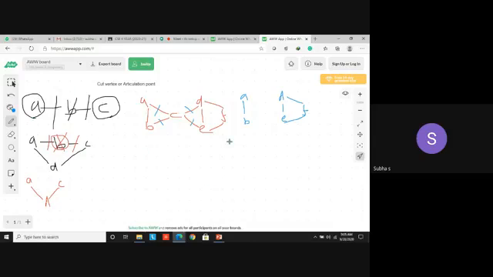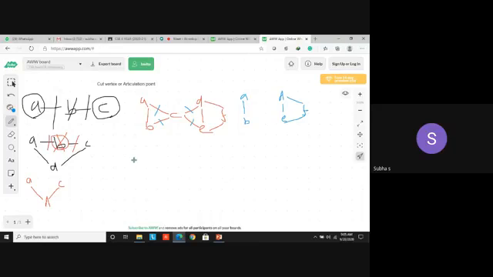Are you able to understand? I will rub these things. So if I remove any vertex, if I cut any vertex, and the graph becomes disconnected, then that is called the articulation point. I told another concept in the beginning, cut vertex and biconnectivity. What is biconnectivity?